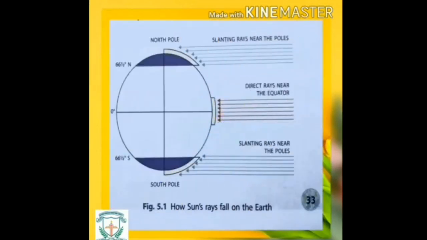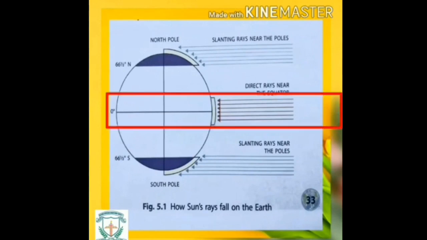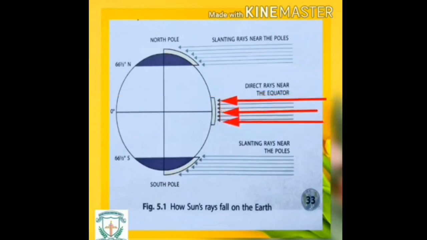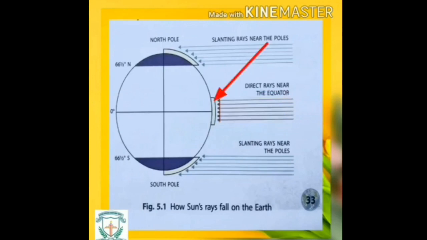Children, look at figure 5.1. The rays of the sun fall on the surface of the earth. Near the equator, these rays are vertical and are spread over a small area.